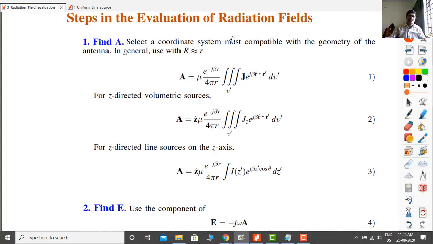procedure, first thing is we have to compute A. Since it is a line source, we have to use this formula. A equals z cap mu e raised to minus j beta r by 4 pi r, contour integral of I of Z prime e raised to j beta Z prime cos theta dz prime.